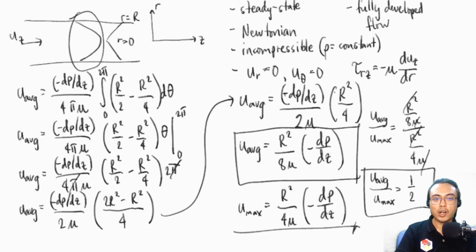Okay, so we have derived all of these equations and all of these relationships just coming from the continuity equation and the Navier-Stokes equation. Okay, and the same will be expected from you. If you're given a physical system, you need to represent that physical system into variables that we can use to simplify the Navier-Stokes equation and continuity equation for us to be able to describe the velocity profile of the fluid flowing in that system.